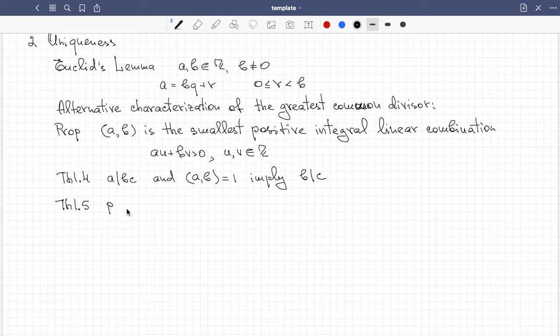p prime, p divides bc implies p divides b, or p divides c, or both of them.